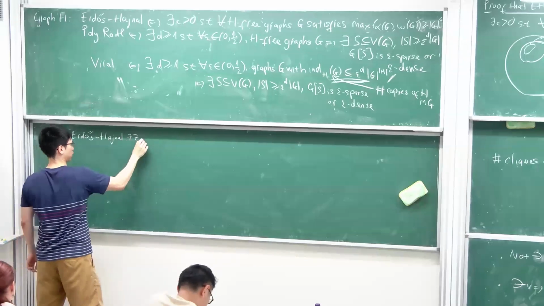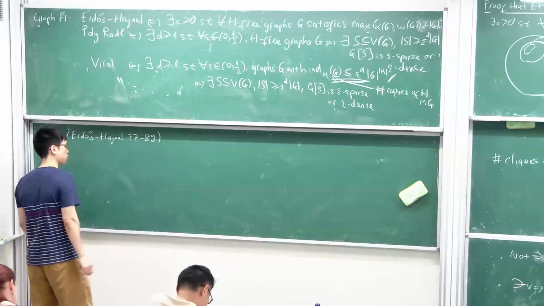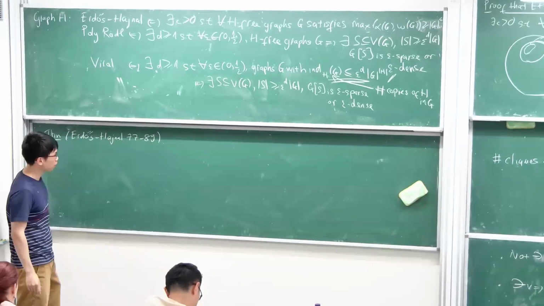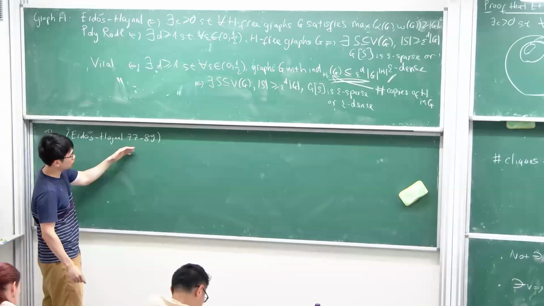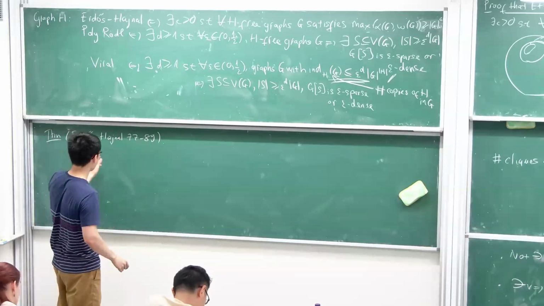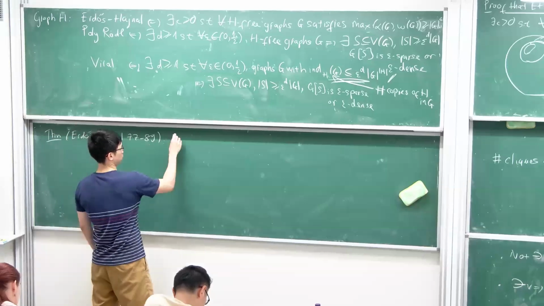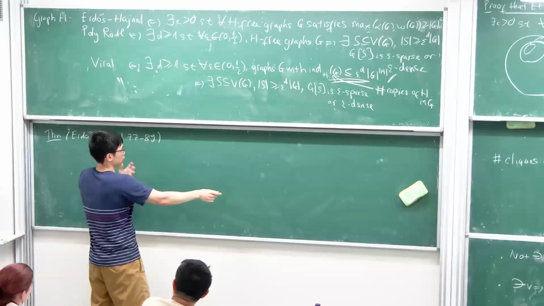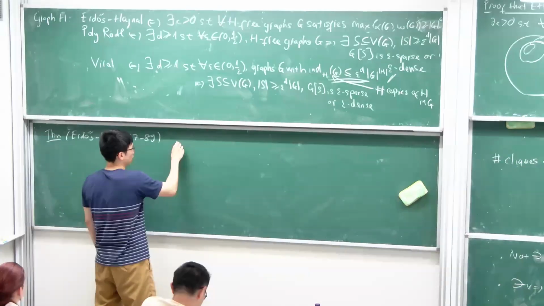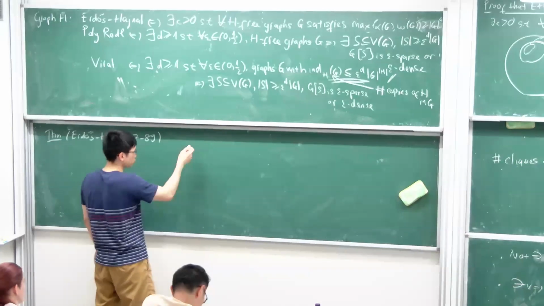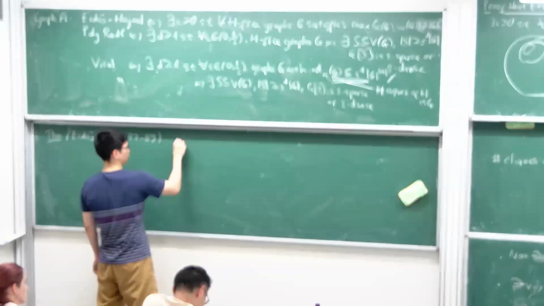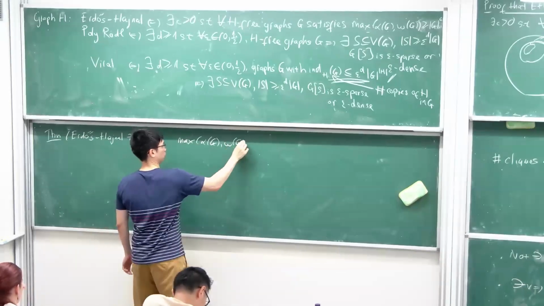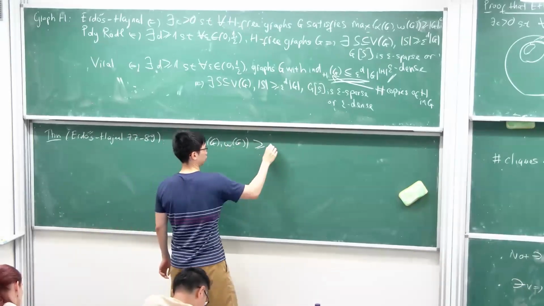So 77 to 89. There is a strange history here. The bound first appeared in this 77 paper, but for some reason only in 89 did Erdős and Hajnal decide to give it a full proof. So then set up as in the conjecture, but now instead of n to the c, which is 2 to the c log n, here we have alpha of G, with which you would at least get 2 to the c square root of log n.